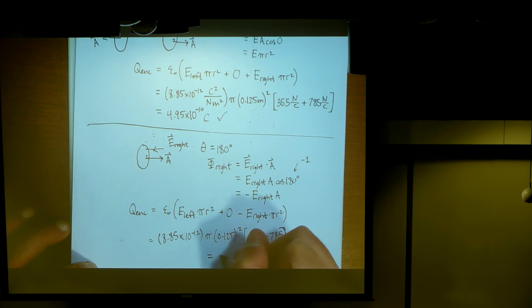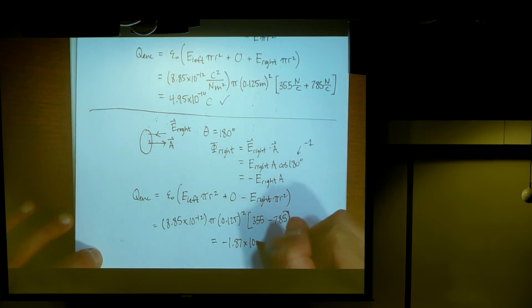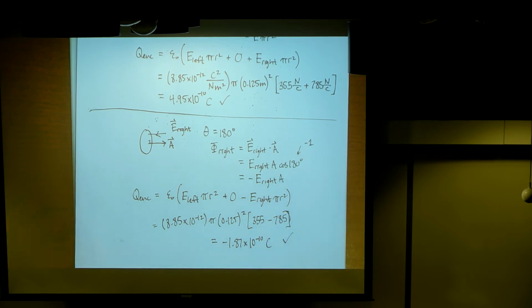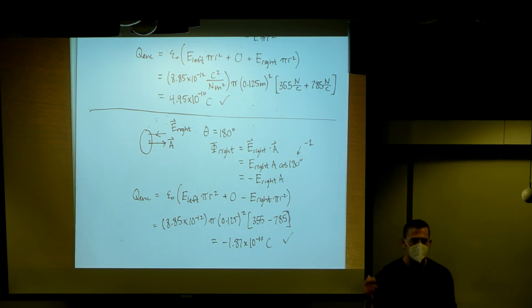Like you said, you'll get minus 1.87 times 10 to the power minus 10 coulombs. So the negative sign comes out naturally in this calculation. Any questions?